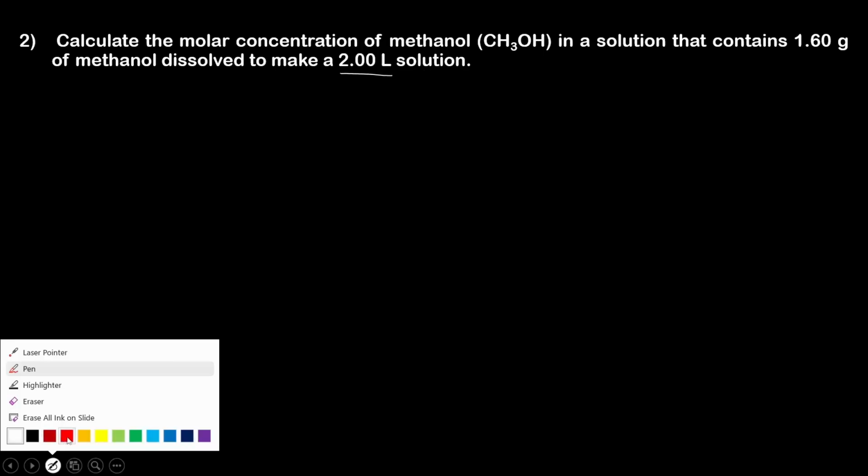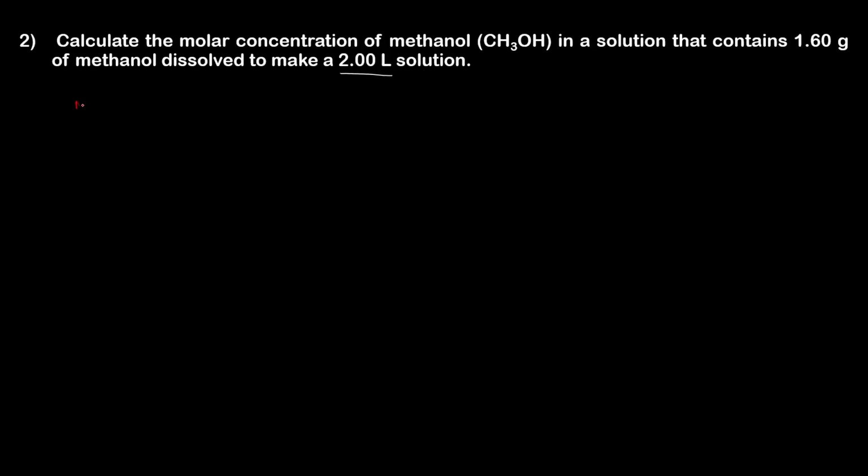Remember that molarity is moles of solute over liters of solution. So this is good already. Now we want the moles of solute. In the same case as number 1, we were also given the mass of the solute.